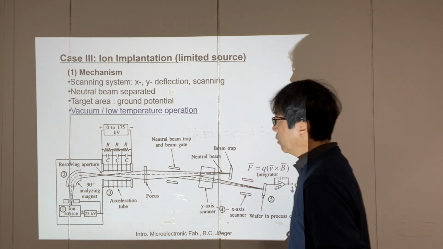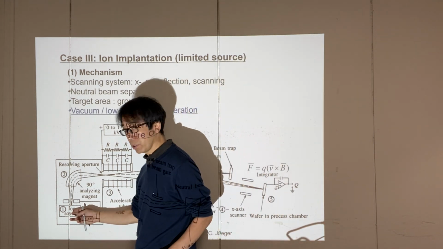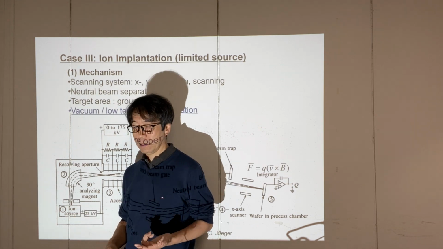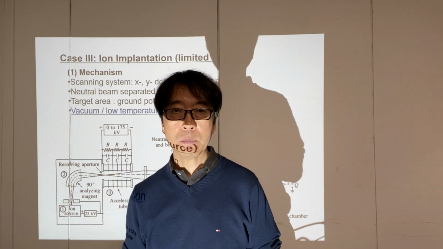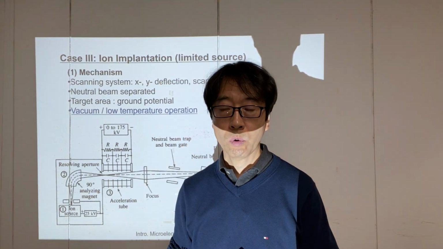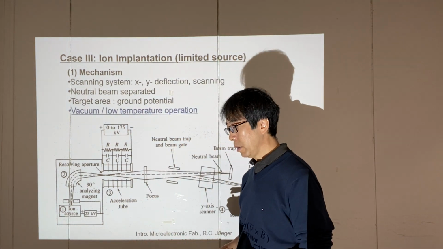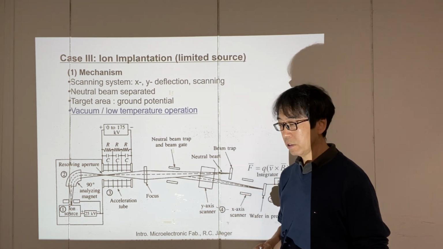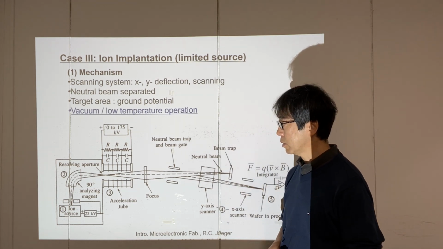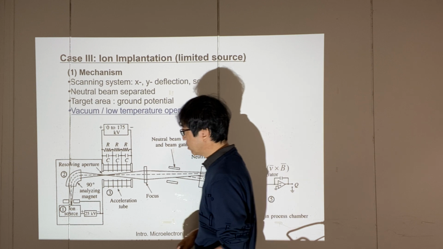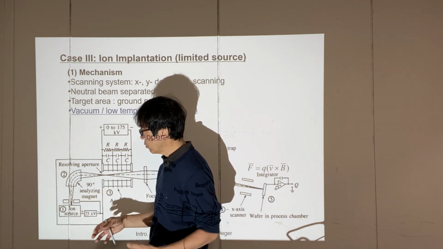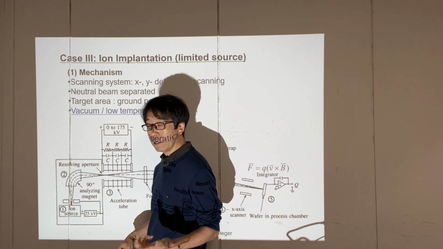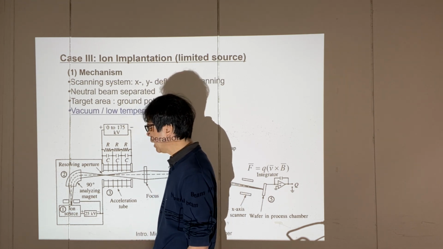You have a gas source that contains some elements of phosphorus, or boron, or maybe arsenic. These are all toxic chemicals, and the gas goes through the ionizer so that it is ionized, creating the impurity ions.